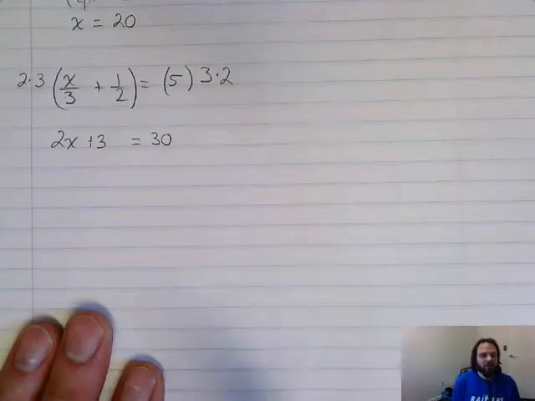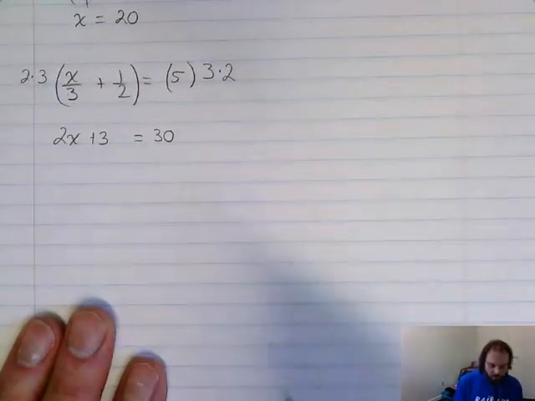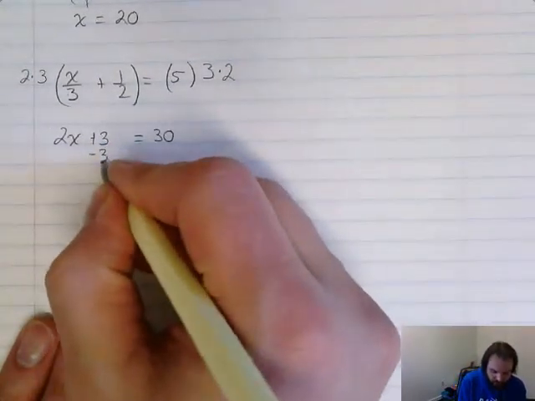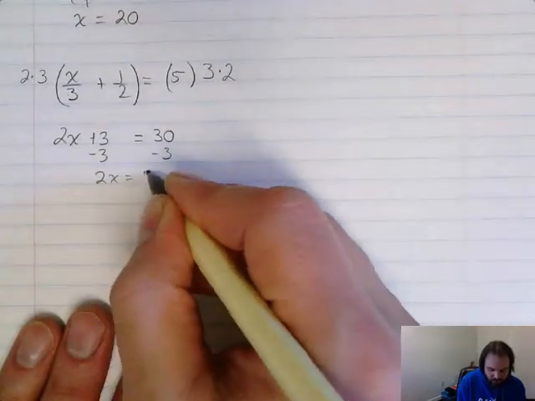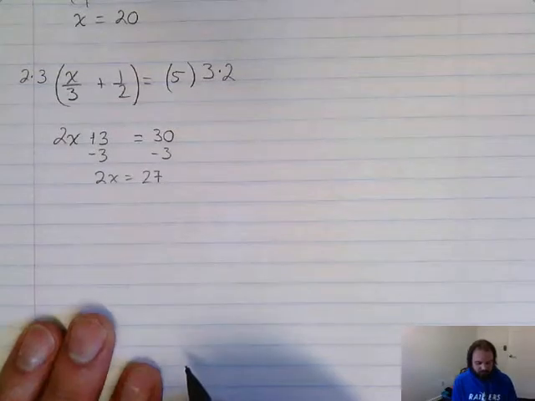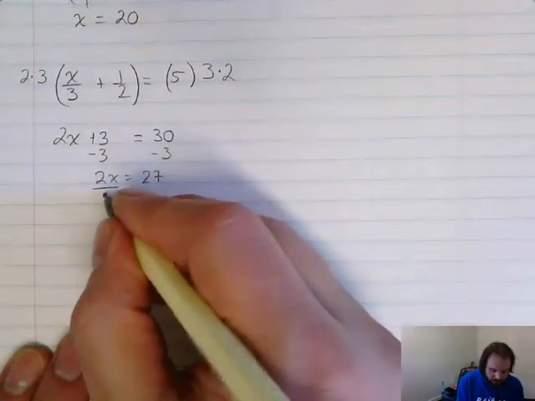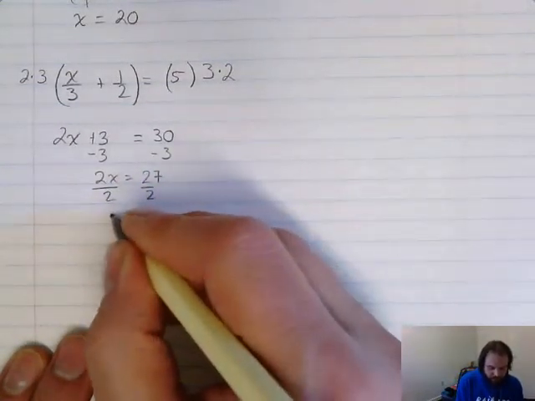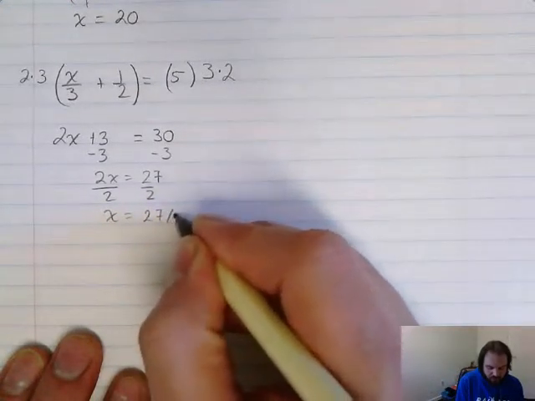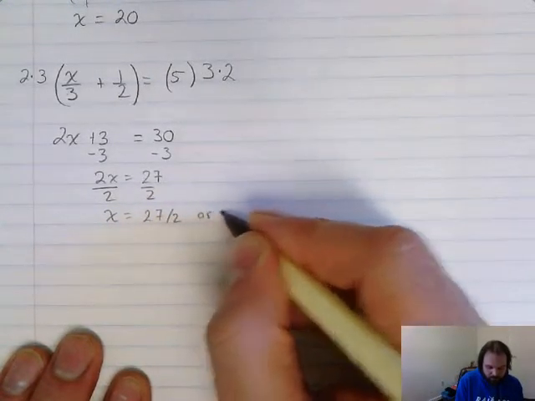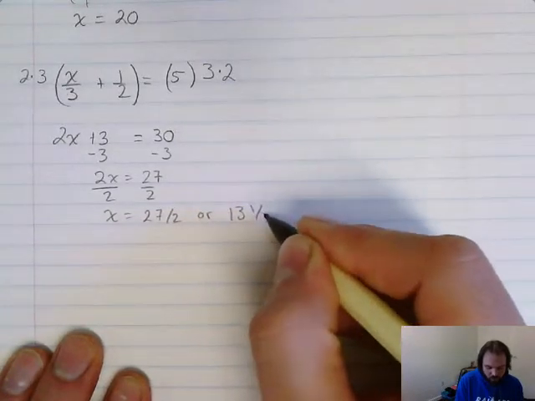Okay? Now we're just going to continue solving like we normally would. So I'm going to subtract 3 from this side, subtract 3 from that side. So I get 2x is equal to 27. Now I'm going to divide by 2, divide by 2. So I get x is equal to 27 over 2, or 13 and 1 half.